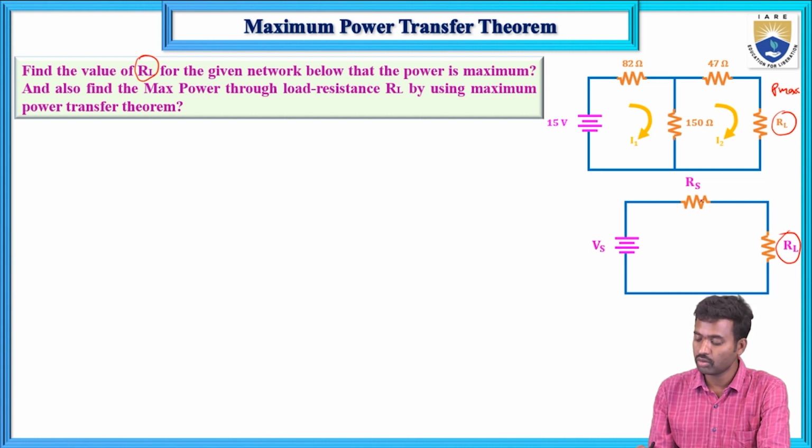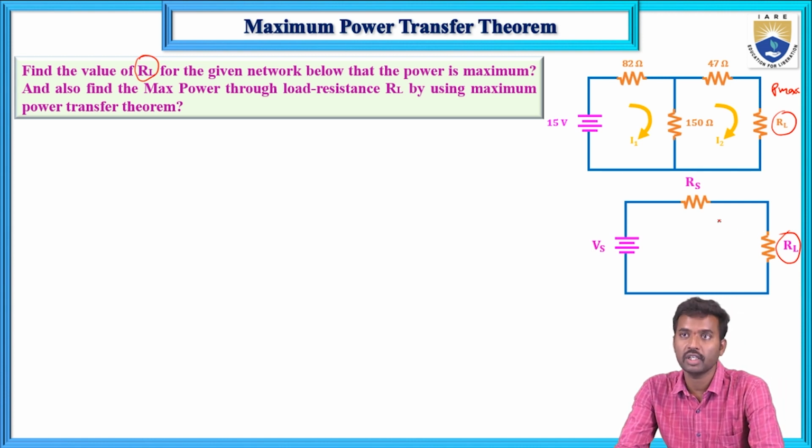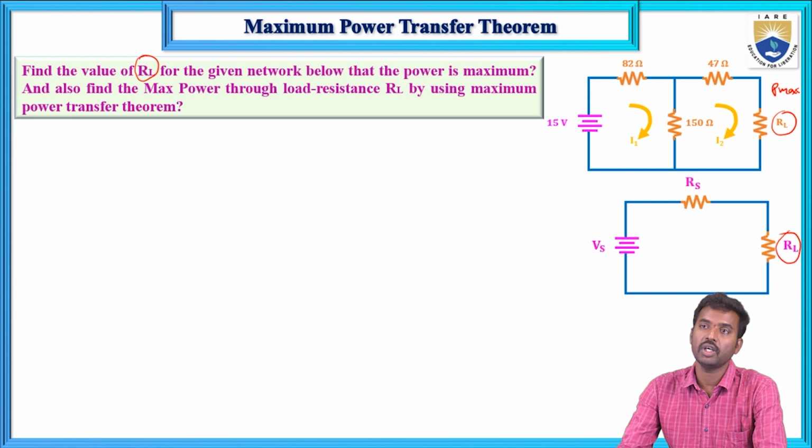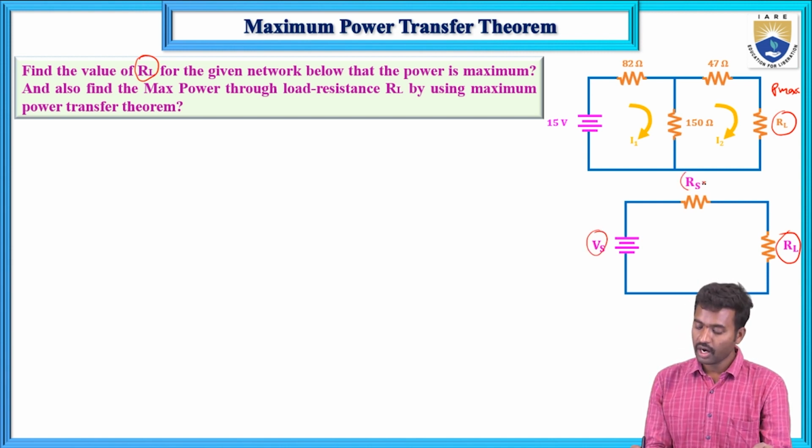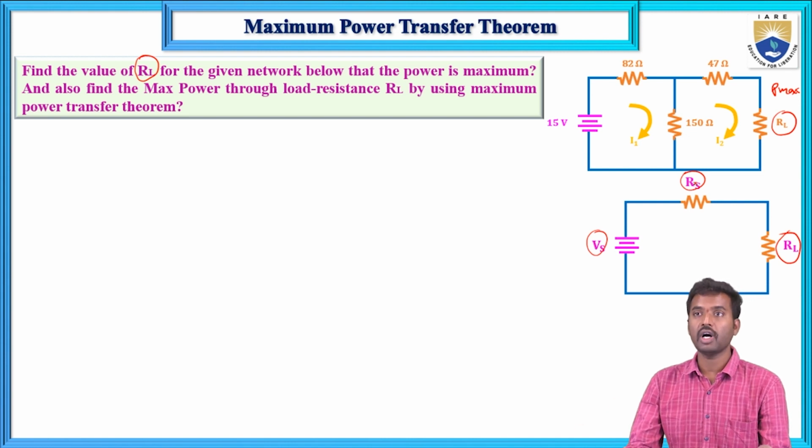When load resistance equals RS, then maximum power is transferred to the load. So first the RS value can be calculated from the Thevenin's resistance steps. First calculate VTH, VS and RS. If you know RS and VS, then we can calculate the maximum power also.